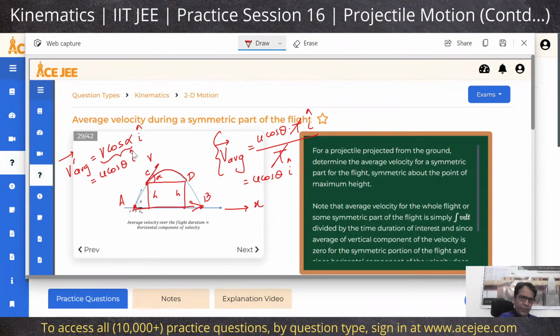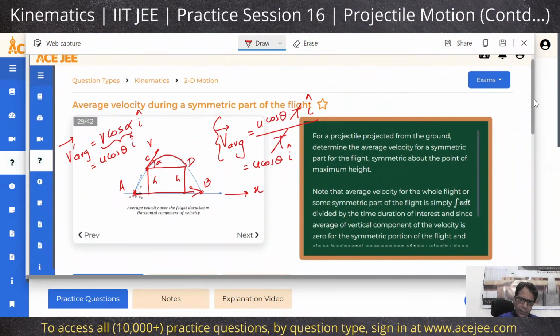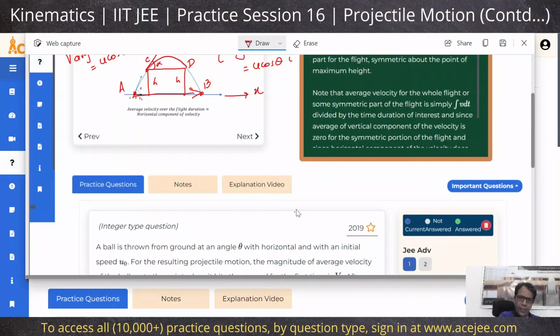Now let's find the average velocity between two points, when the particle is between the launch point, let's call it A, and the maximum height. What will be the average velocity? And give it to me in vector form, Beta. Vertically upward we have the y-axis, along the horizontal we have the x-axis.